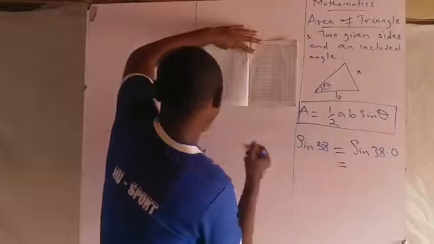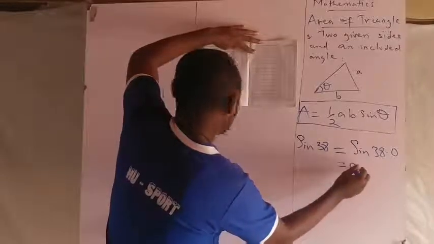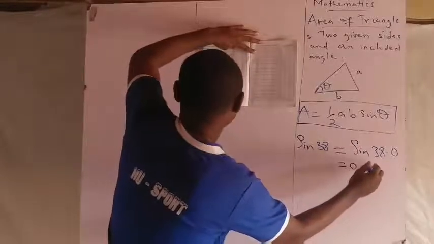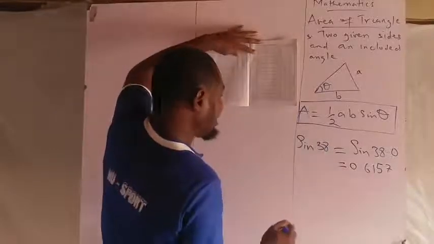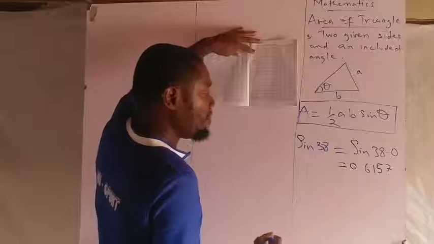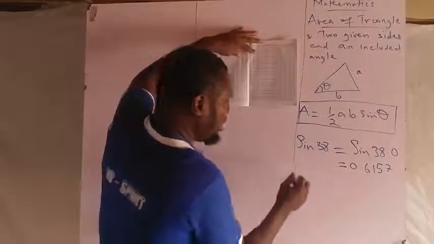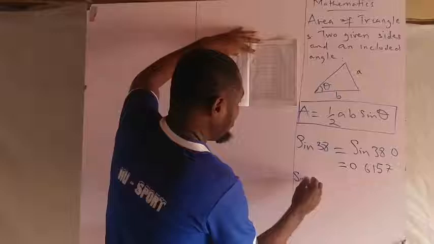Our answer there will be 0.6157. That is the answer. So sine 38 simply means 0.6157.